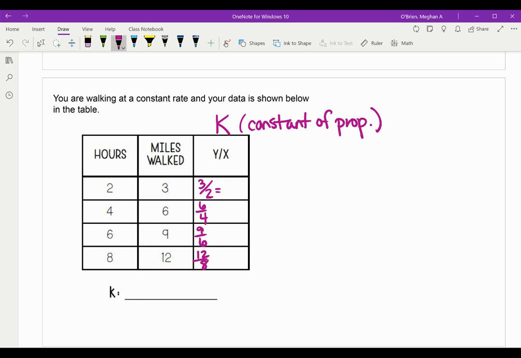And all of these, look at them in terms of being mixed numbers. That's the same as 1 1/2. That's 1 2/4. So we're again 1 1/2. 1 3/6, or 1 1/2. See how it's the same? 1 4/8, or 1 1/2. So the constant, or the unit rate, is 1 and a half.